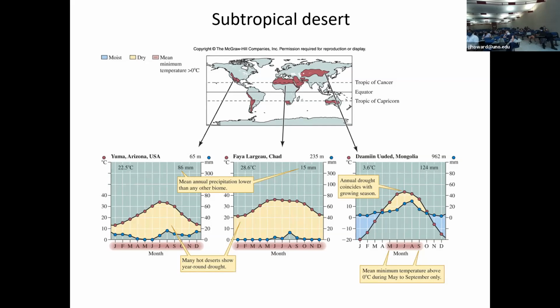So if you were to plant a green border on the southern edge of the Sahel in Africa, at the southern edge of the Sahara Desert, you would increase the rainfall. So even though it is a dry area, we can manipulate these things.